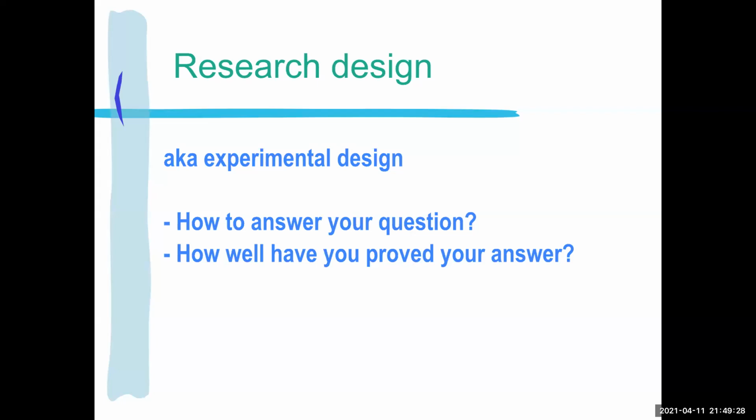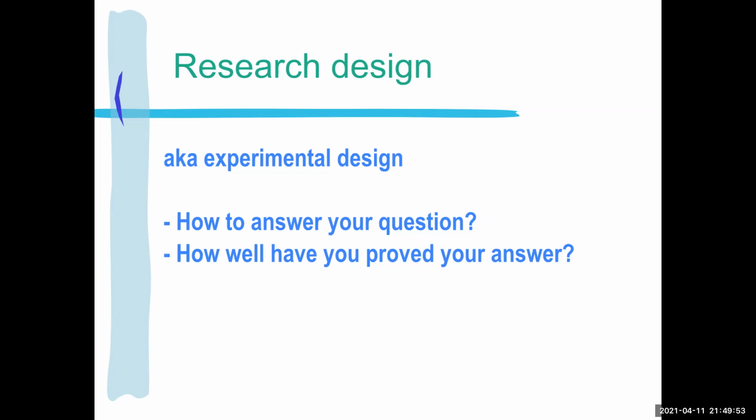Okay, so research design is also known as experimental design, and it's basically two parts: how to answer your question and how well have you proved your answer. So how are you going to answer this question? It's basically dependent on, is it answerable? Do we have the tools and technology and knowledge set up so that we can start asking and answering this question?